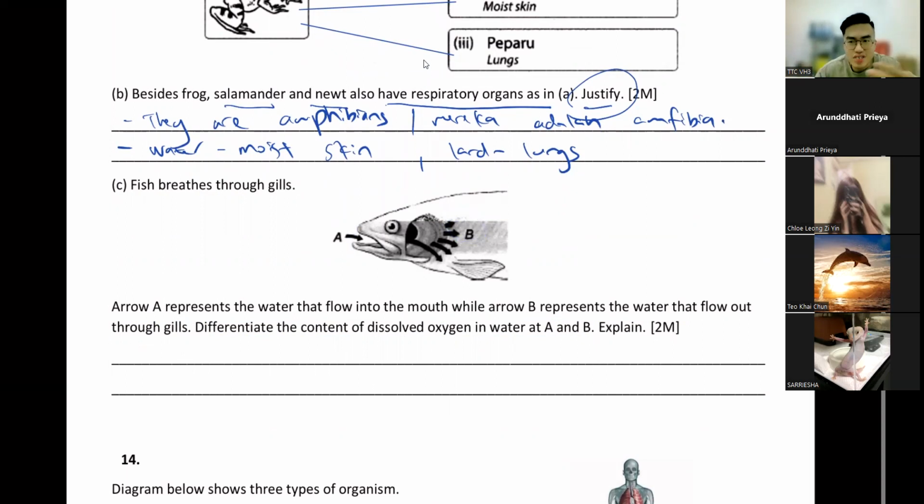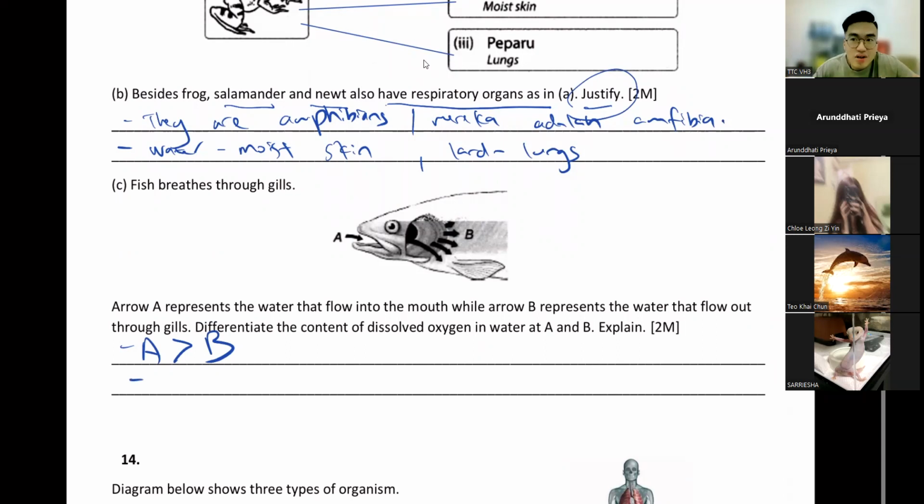Which side has more oxygen? Okay, yes, A is more than B. A has more oxygen than B. Please don't write like this lah. This is maths lah. But please say A has more oxygen than B. A mempunyai lebih oxygen daripada B. I'm just lazy, okay? So explain, why is A having more oxygen?